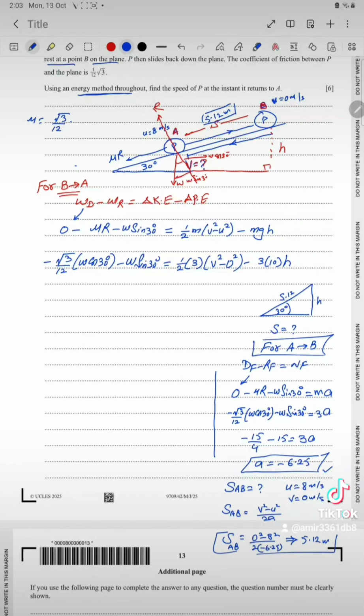So H will be, sin 30 degrees is H over 5.12, so H will be 5.12 times sin 30. We can calculate it: 2.56 meters height. Now life will be easy. We can find v easily by substituting H here.